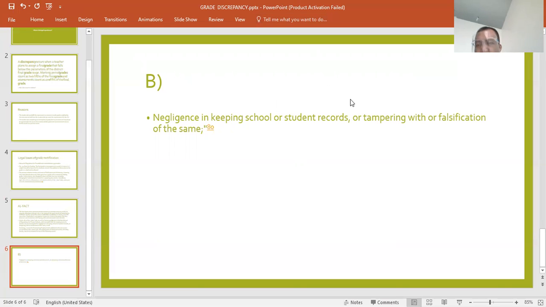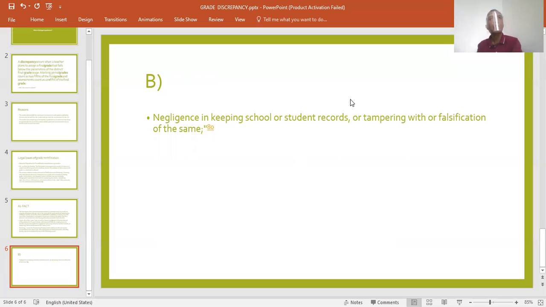So it is not easy to just change, even if you are instructed by the superintendent, secretary, director of school, or regional directors, you don't need to follow. You have to make a legal remedy for that.